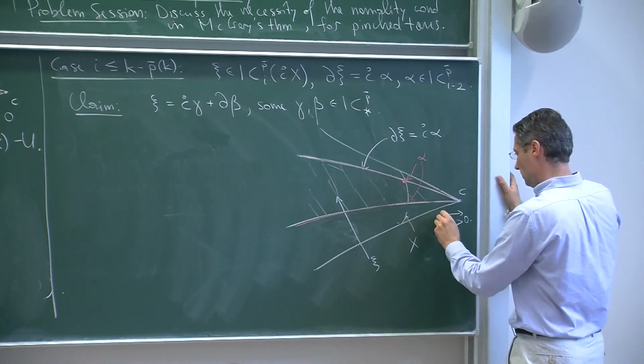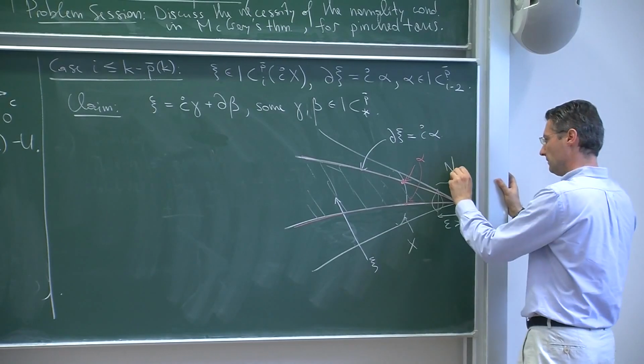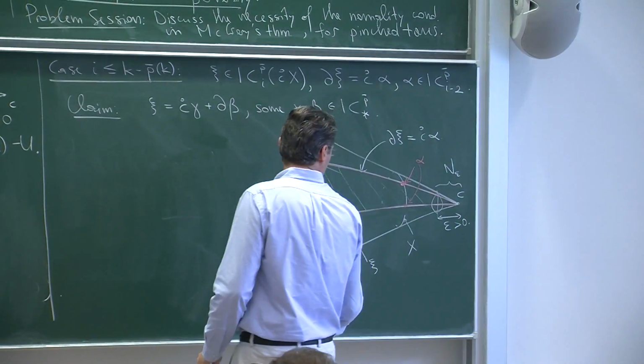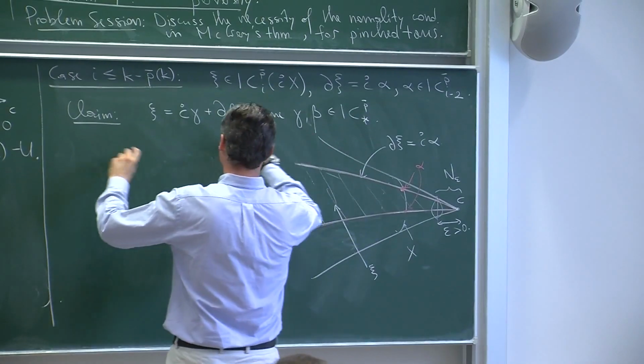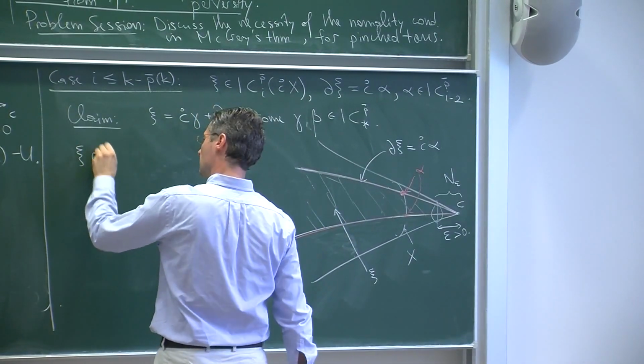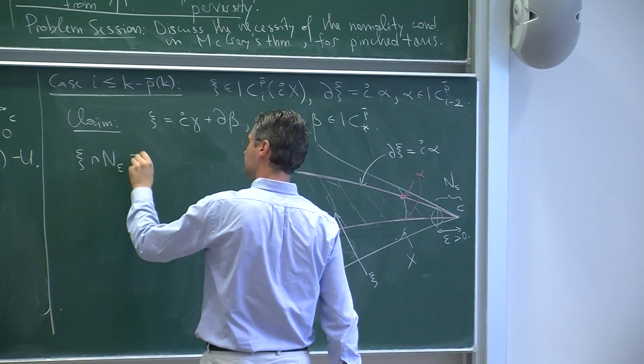Let me call this region N, or N epsilon, a small epsilon neighborhood of the cone. So I know that the given chain over such a neighborhood must certainly look like the cone on something.